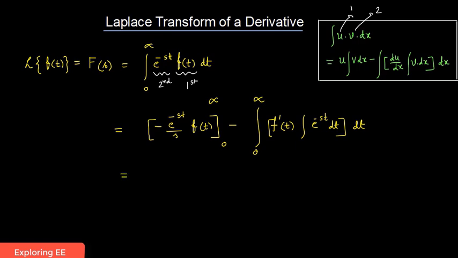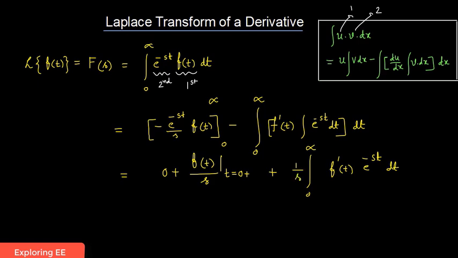Since e to the power minus infinity is 0 and e to the power 0 is equal to 1, it will be simply 1 by s times f(t) at t equal to 0, or better to write t equal to 0 plus, minus the second term, f dash t times e to the power minus st by minus s. So it will be plus, and s is taken outside the integral. So this is basically F of s.